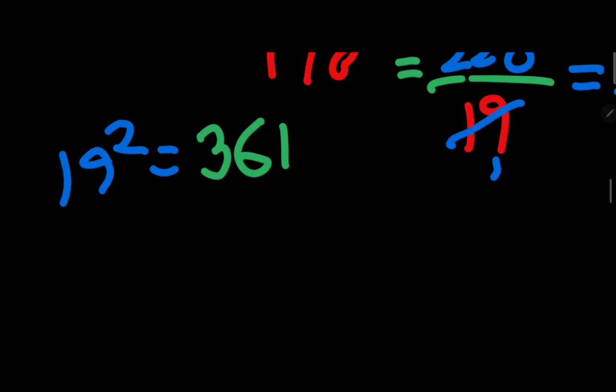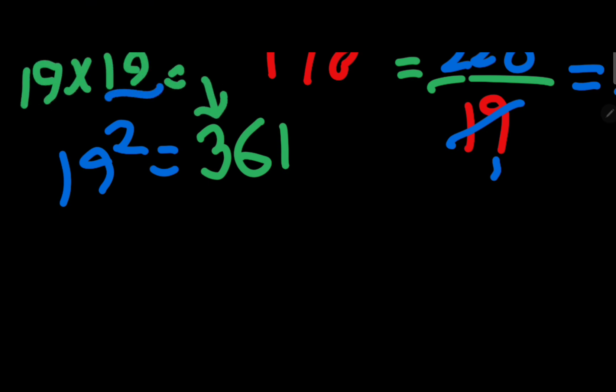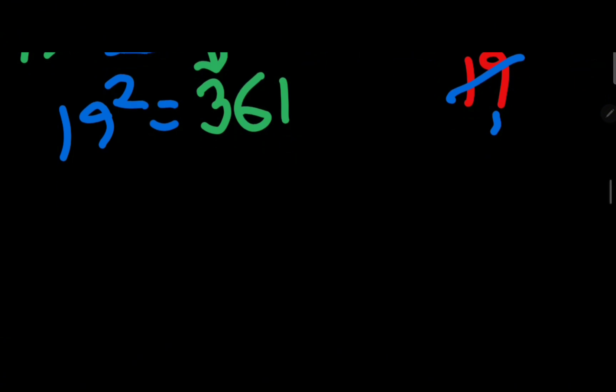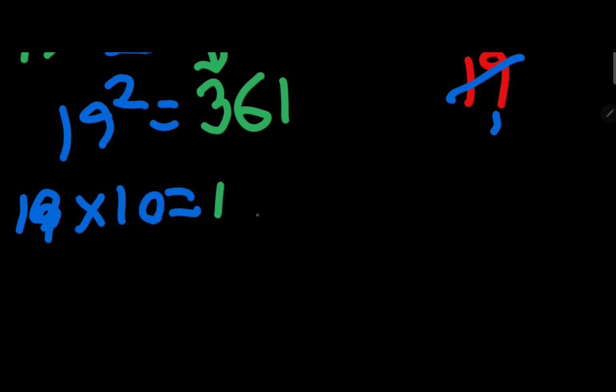Okay, so it's not that high. So 19 times 19 would give us 361. It's not as high as 19. You have to be lower. Could it be 10? 19 times 10 would be 190. So it's not as low as 10 neither. So it's got to be somewhere in between.